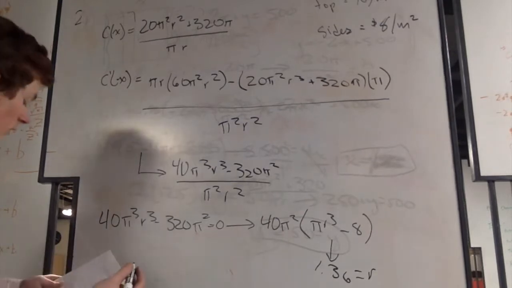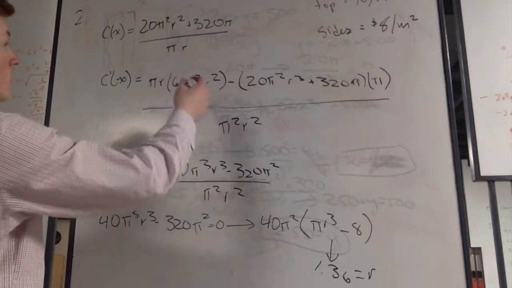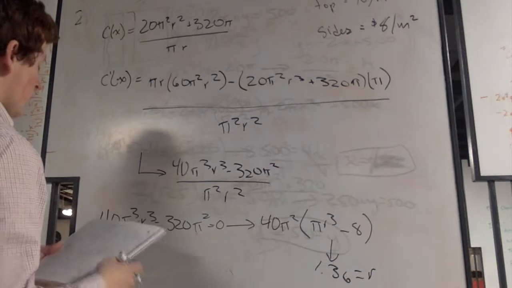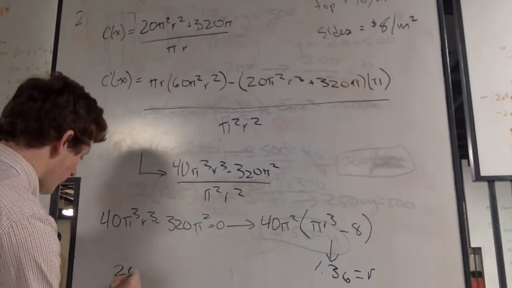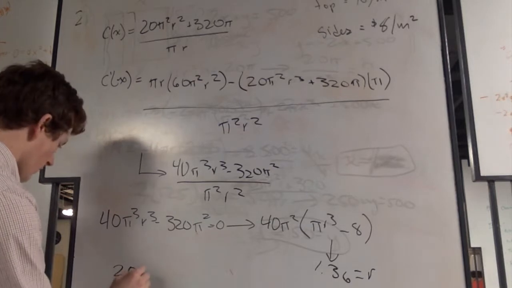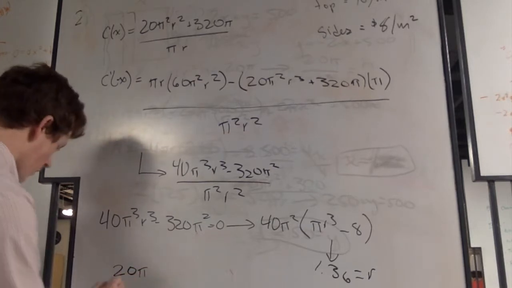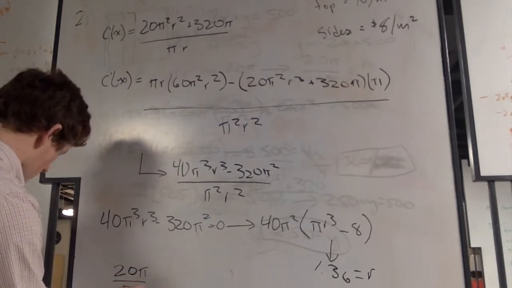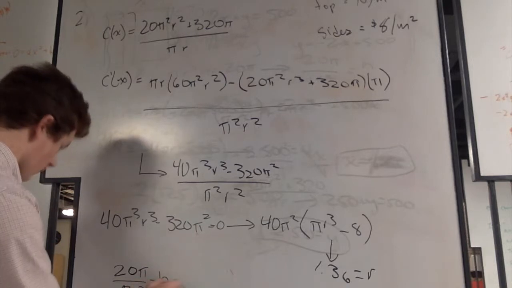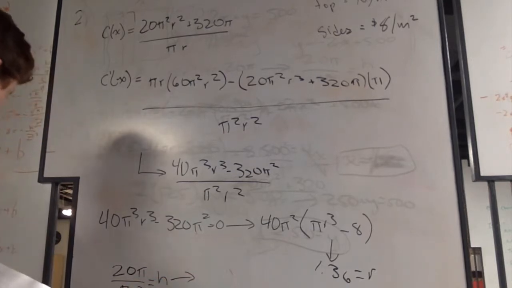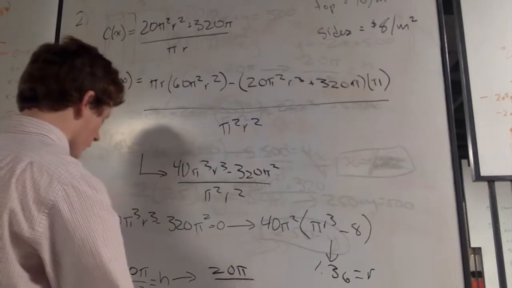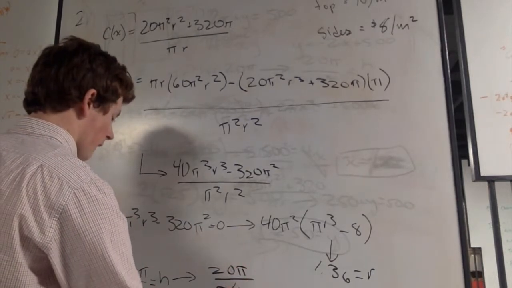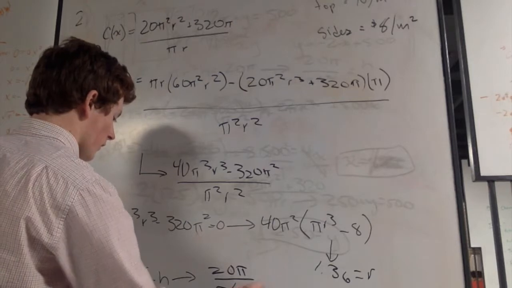And so then it's very easy to find the height. We just put it back into the equation that I found earlier and erased. So that will be 20 pi over pi r squared equals h, which went to 20 pi over pi 1.36 squared.